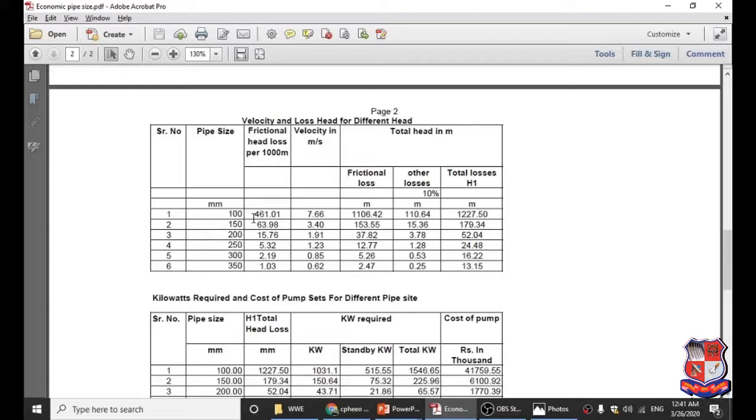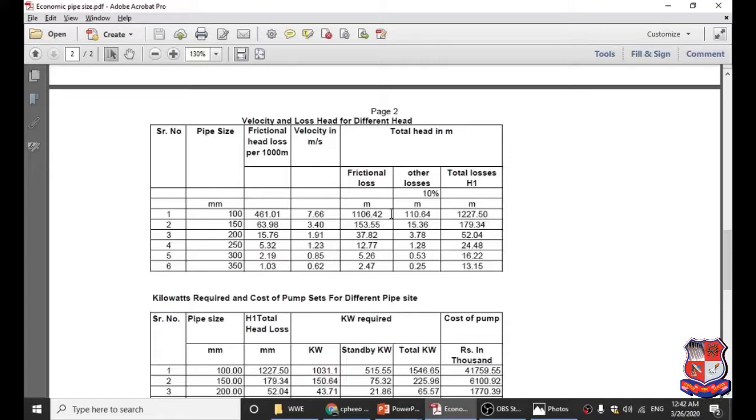For lesser diameter of pipe, more friction losses are there, and for higher diameter of pipe, friction losses are less. And you can see the velocity also. For 100 size, velocity is 7.66, and for 350 it is 0.62, right? So velocity will also decrease if we increase the pipe diameter.